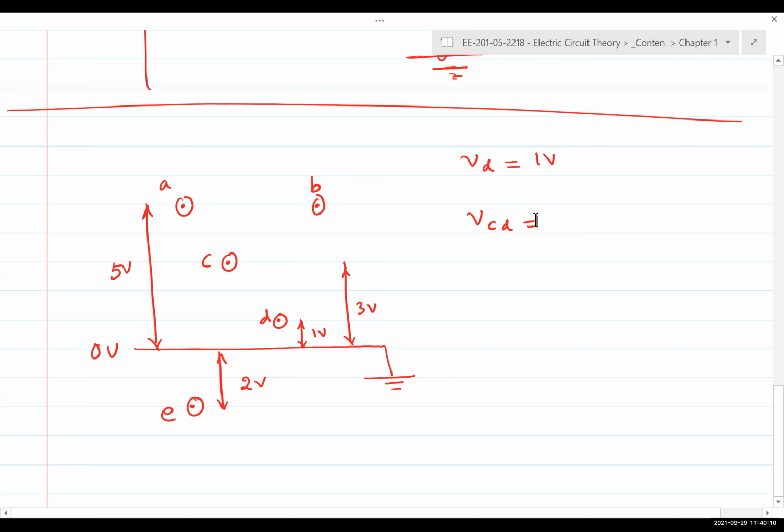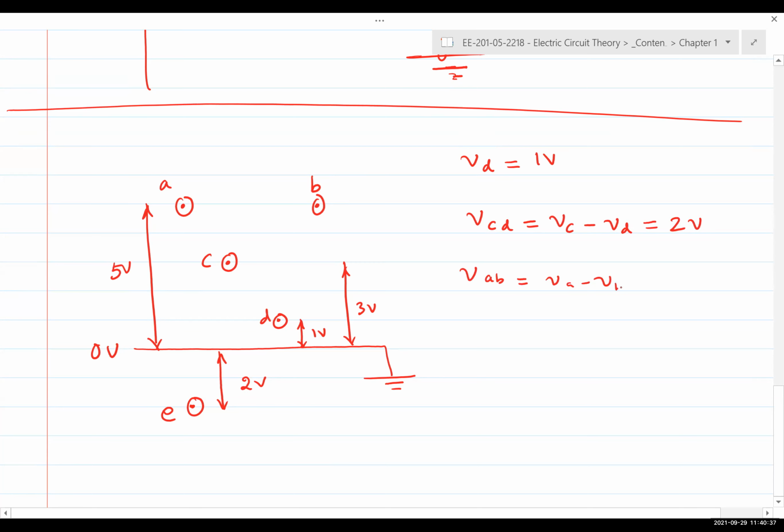Again, voltage is nothing but the difference in potential between 2 points. That's what I'm trying to illustrate with this. And VC minus VD is what? 2 volts. Easy to see with this illustration, right? 2 volts. How about VAB? 0.